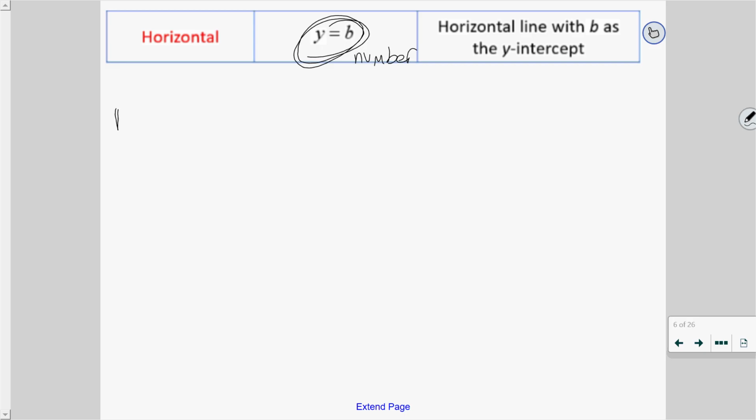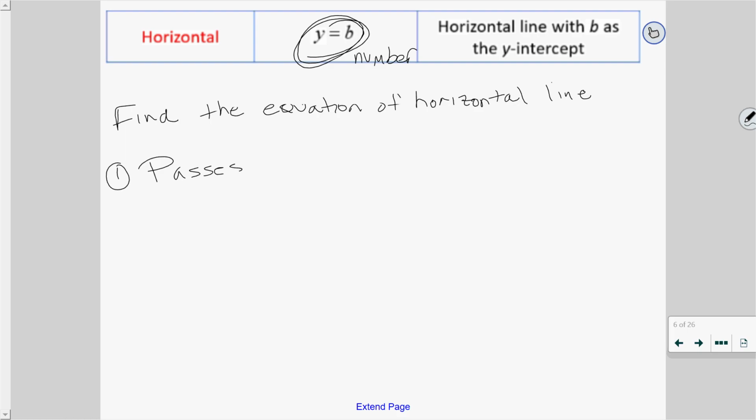Find the equation of a horizontal line. First situation: passes through 7, 11 and 21, 11.